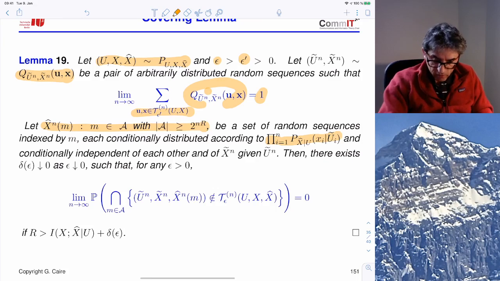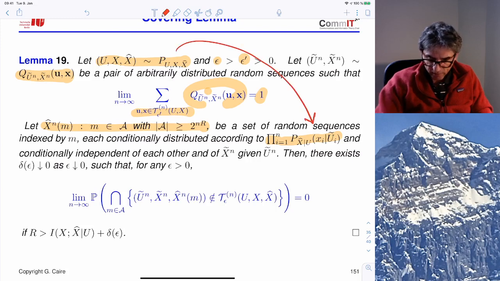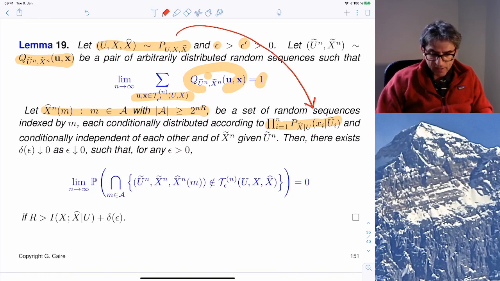And x hat given u is derived from this joint. Once you have the joint u, x, and x hat, you marginalize with respect to x, and then you consider the conditional x hat given u. And the condition is that these random sequences are conditionally independent of each other and of x tilde given u tilde.